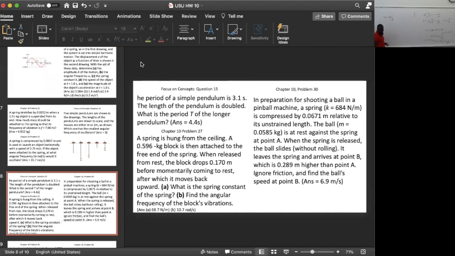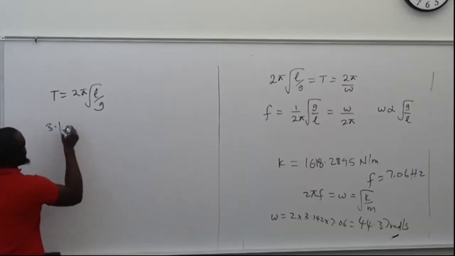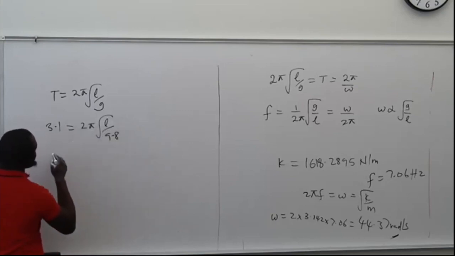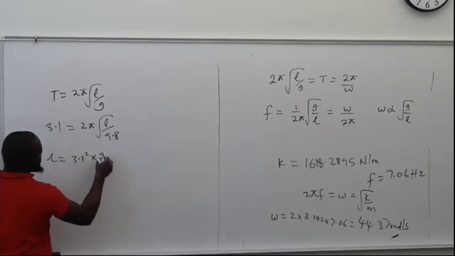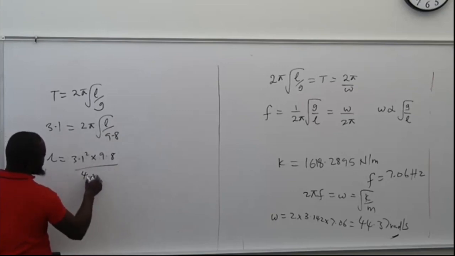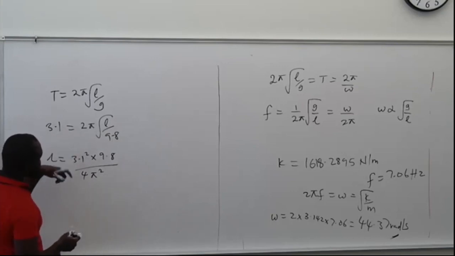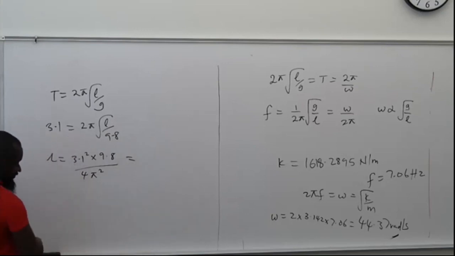Let's get that length and then double it. So 3.1 equals 2 pi root L over 9.8. So L equals 3.1 squared times 9.8 divided by 4 pi squared. So what does that give you for the length?